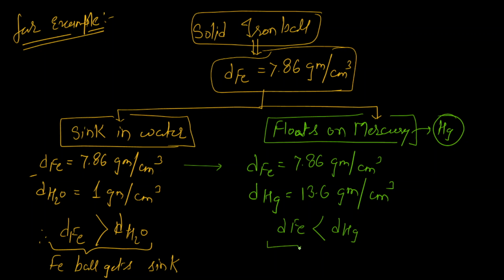So what is the result? Will the iron sink or float? Definitely the iron ball gets float on mercury. Okay. So these are the points, and this is a very important concept to understand. You can stop the video and write all the notes that I have explained to you.